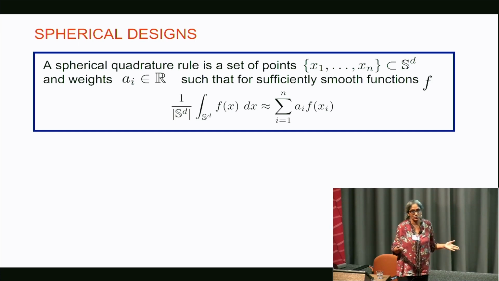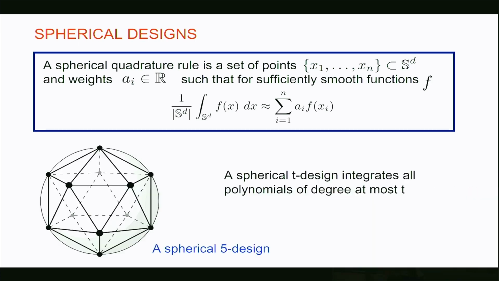It is a huge staple of numerical integration. People really like these. On the sphere, the right functions you want to integrate are the spherical harmonics. The spherical harmonics are homogeneous polynomials graded by degree, but they are harmonic, meaning that they are annihilated by the Laplace operator. Spherical harmonics are actually eigenfunctions of the Laplace operator.